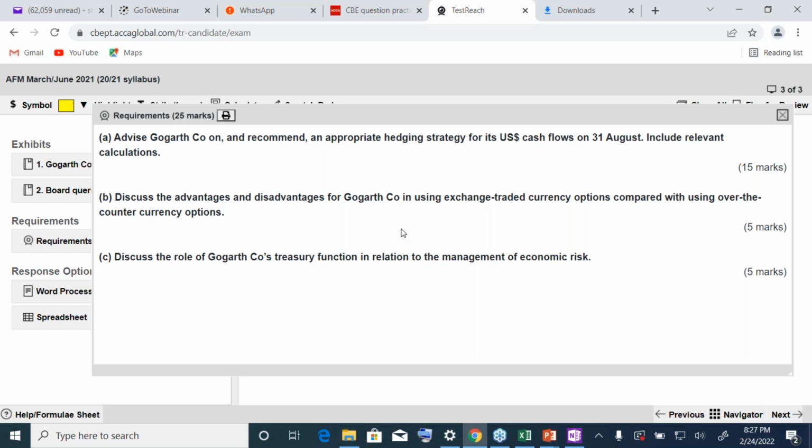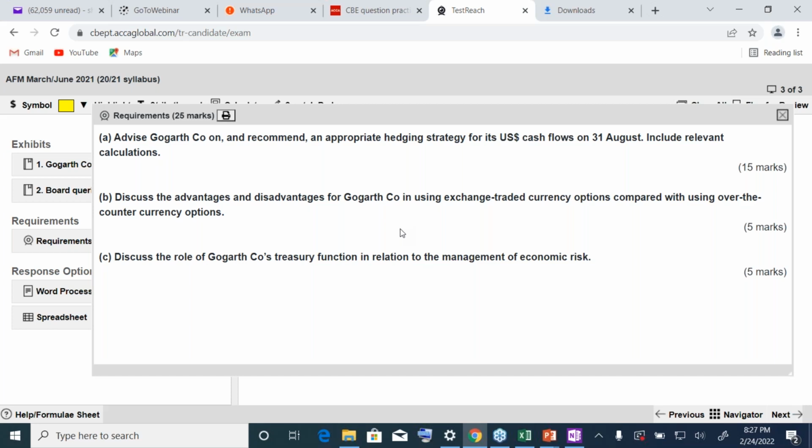Part A is: advise G company on and recommend an appropriate hedging strategy for its US dollar cash flows on 31st August. So on 31st August, you are going to receive or pay some US dollar cash flows. You have to hedge that amount.